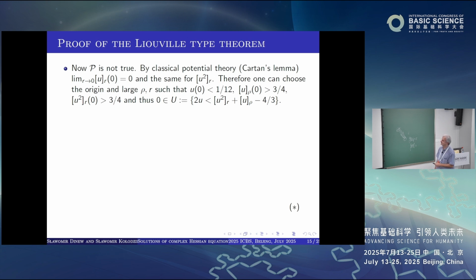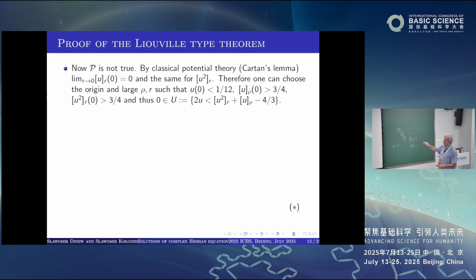So, having this, first we use the translation. Remember, we assume that the infimum of u is 0. So we can find a point where this is true. And then we move the origin to this point by translation. And then we use this fact with 1, as I said, to choose rho sufficiently big and R sufficiently big.